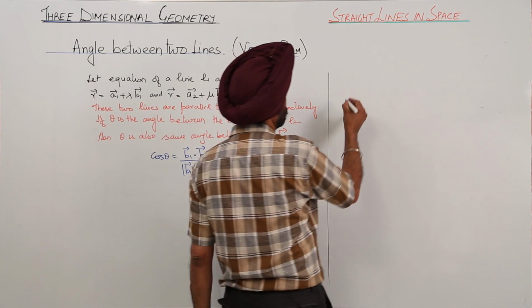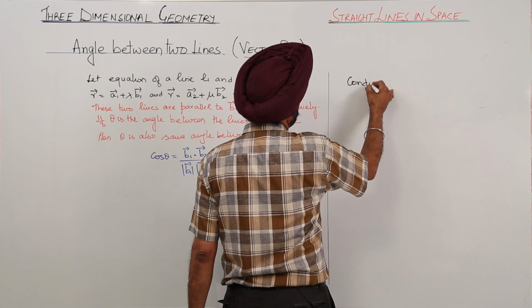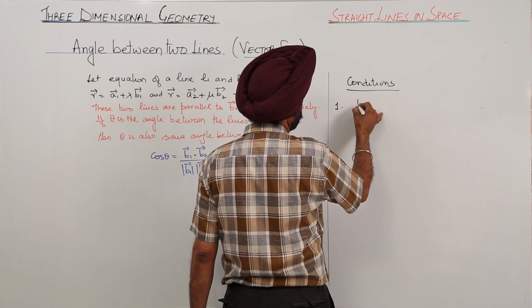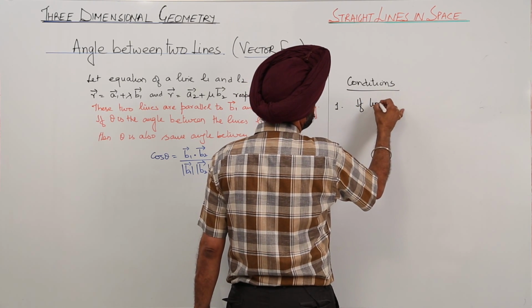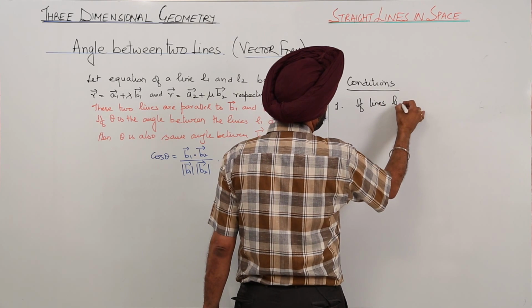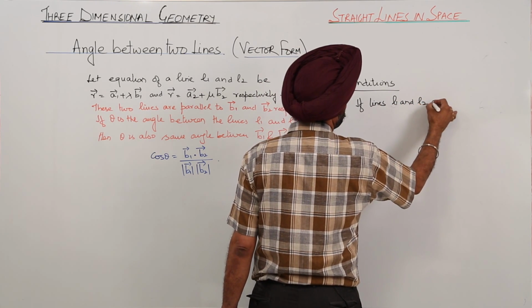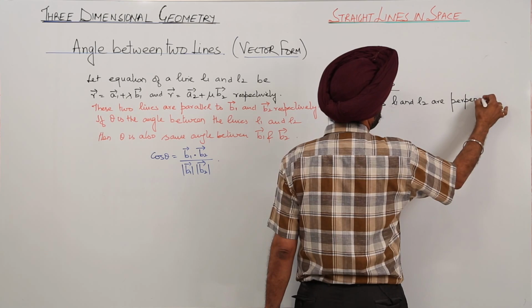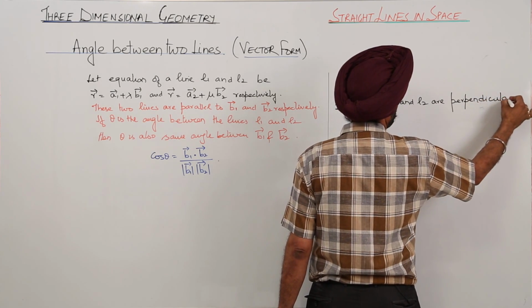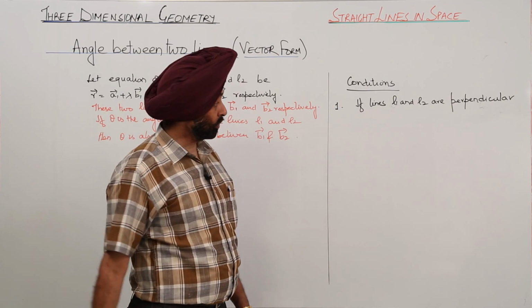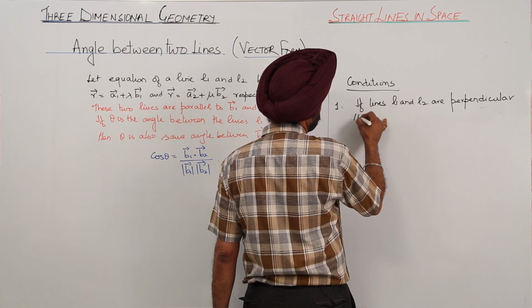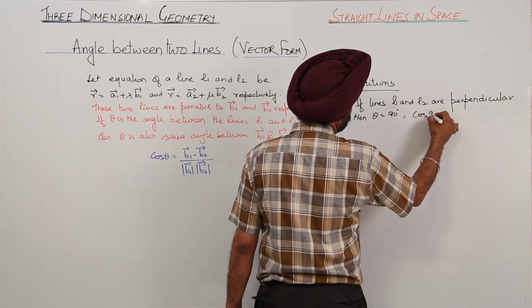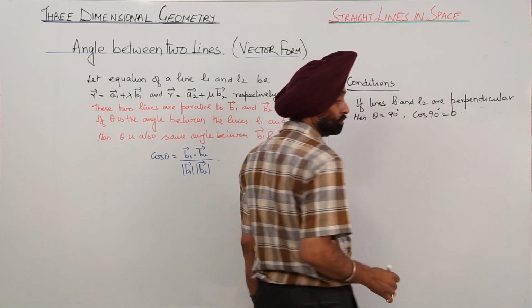Now what are the conditions? Number one, if lines L1 and L2 are perpendicular, then theta is equal to 90 degree, or cos 90 degree is equal to 0.